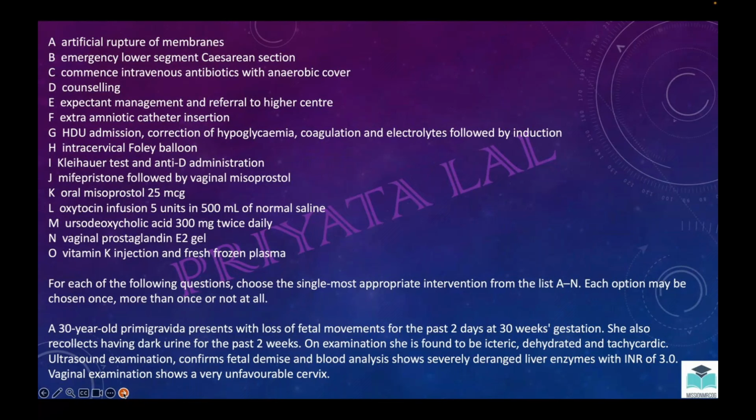High dependence unit admission, correction of hypoglycemia, coagulation, and control. Very nice. So the patient has to be stabilized first. Admit the patient, correct hypoglycemia and the coagulation profile, then do induction.